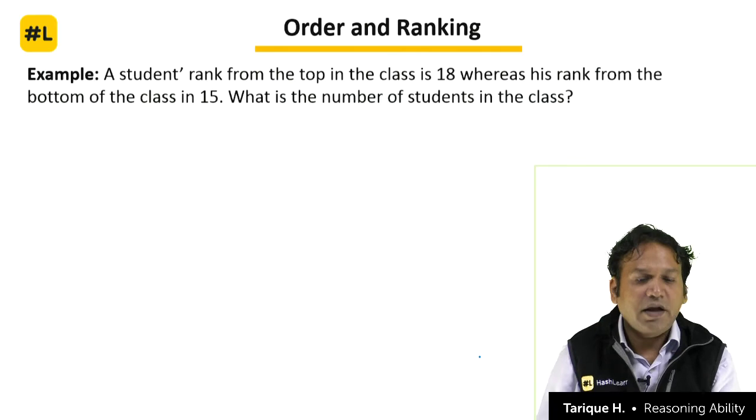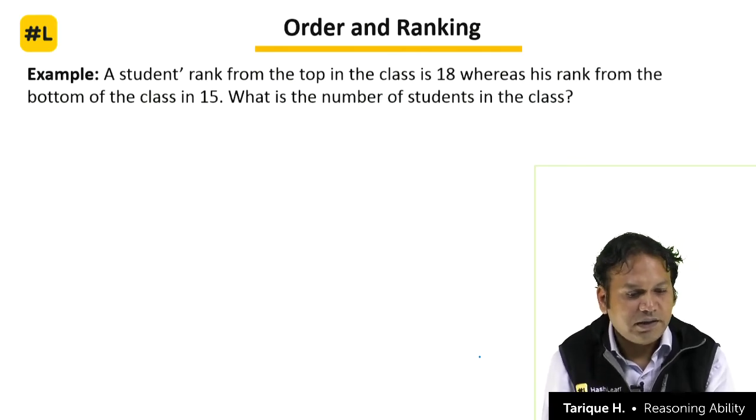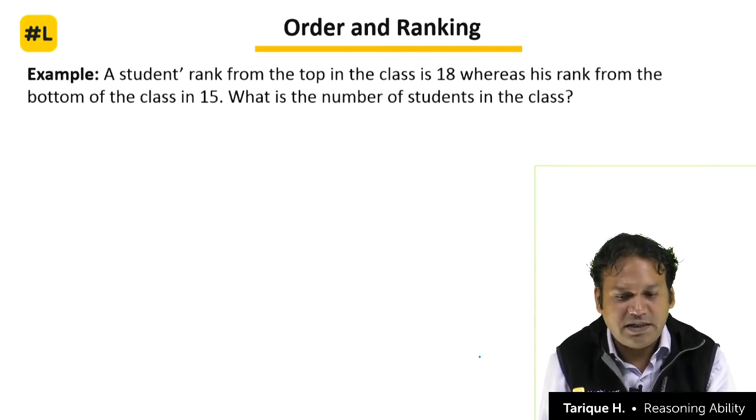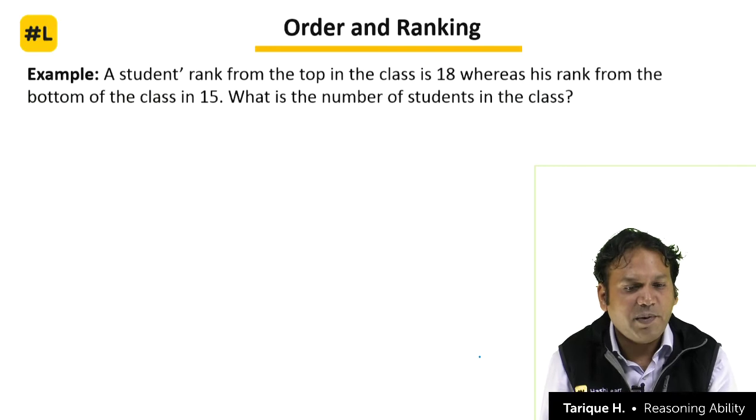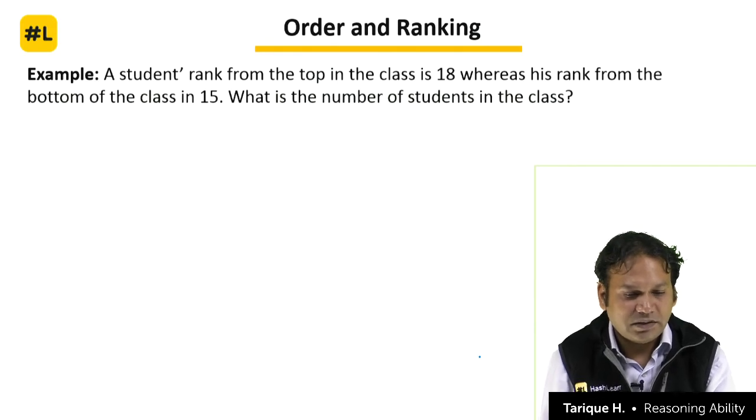First, let's see another question here based on order and ranking. A student's rank from the top in the class is 18, whereas his rank from the bottom of the class is 15. What is the number of students in the class?